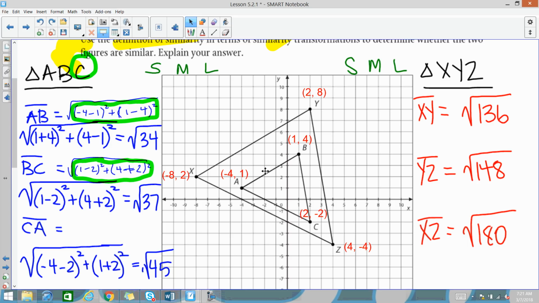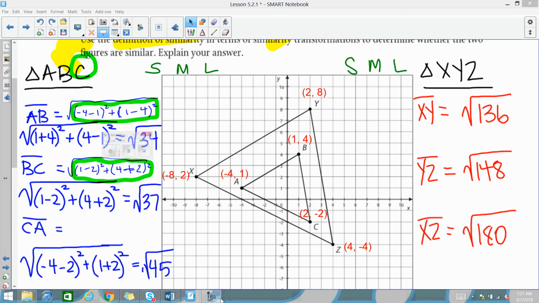Clearly, these two triangles are similar, meaning they don't have the same coordinates or same vertices. They're different vertices, different numbers, letters. So we have to categorize these different square roots based on size, because that's how you determine which sides in triangle XYZ and triangle ABC match up.